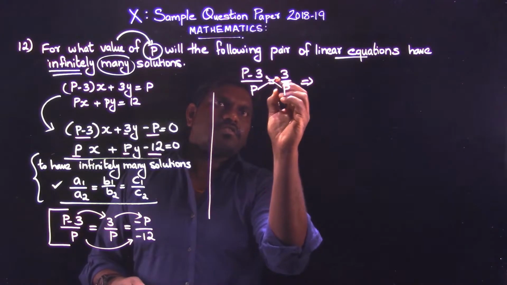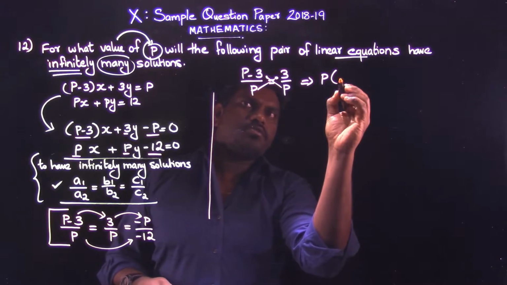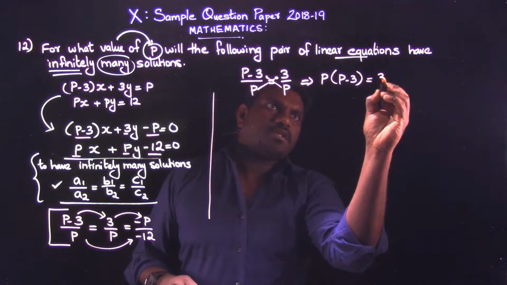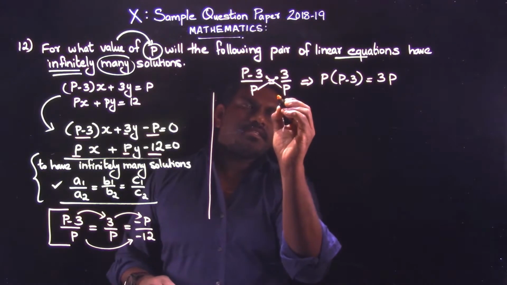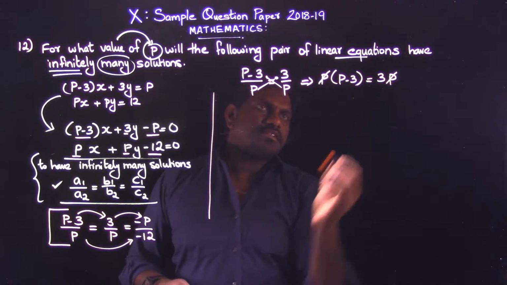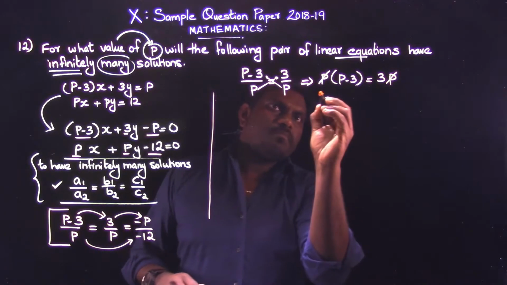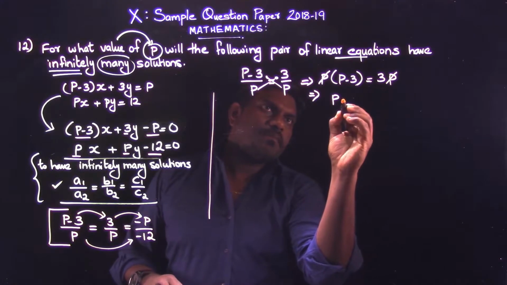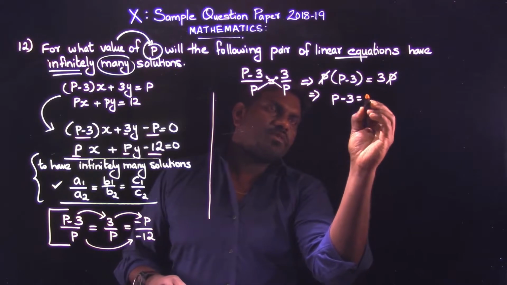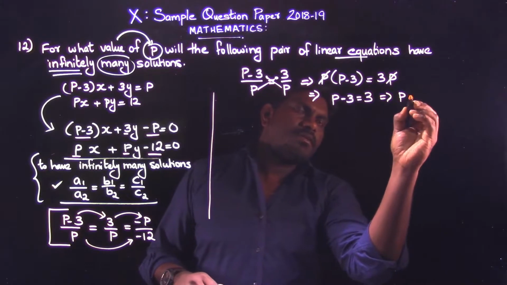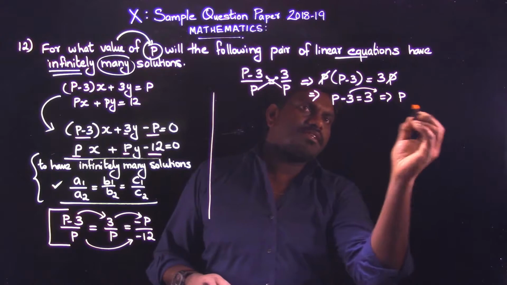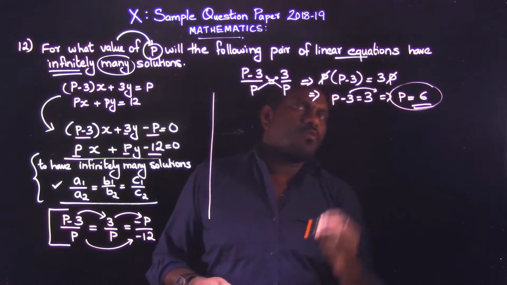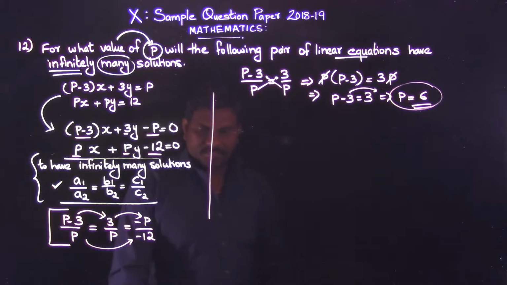This is cross multiplied, thus I get P into P minus 3 is equal to 3P, which I told you I can cancel here itself, no problem. Which implies P minus 3 is equal to 3, which implies 3 will go that side and become plus 3. So P is equal to 6. So one of them is 6.